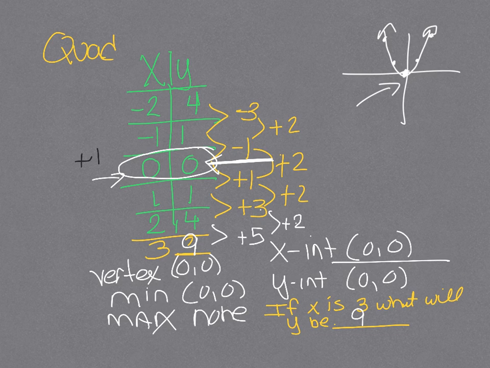What if I said, what if x equals -3? Y would be what? So -3 is going to be up here. Okay, so we were adding 2 each time.